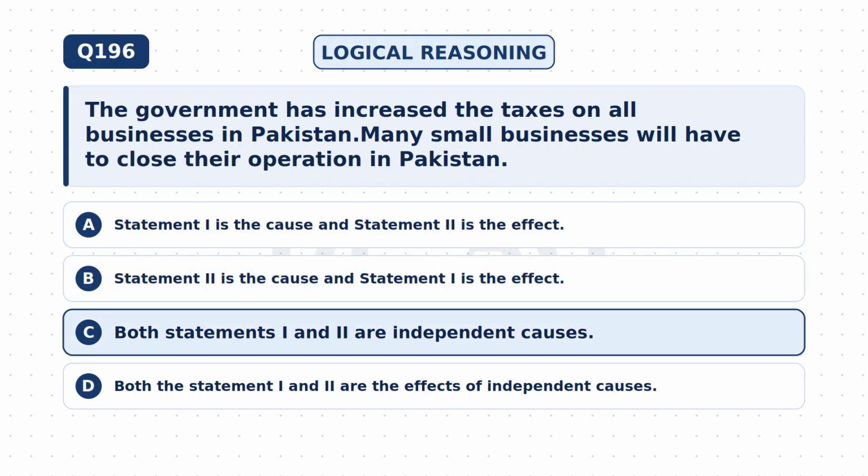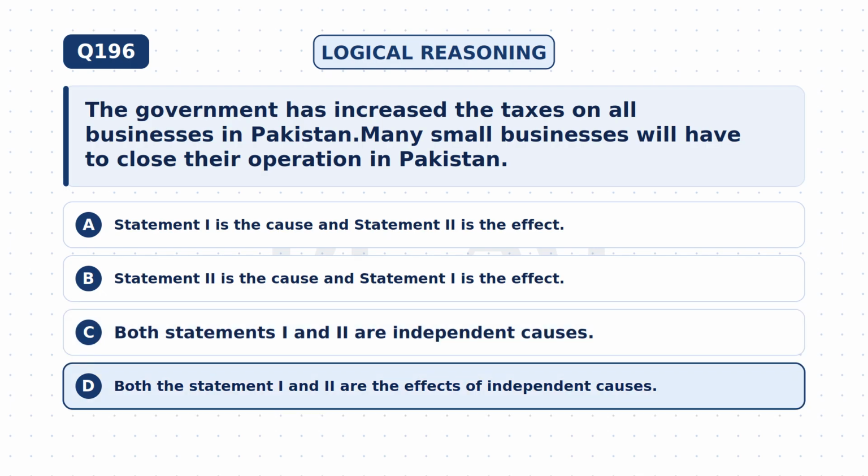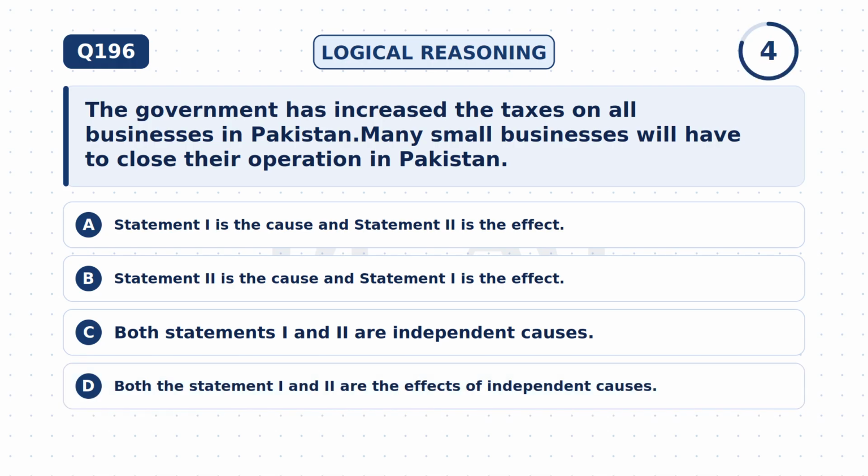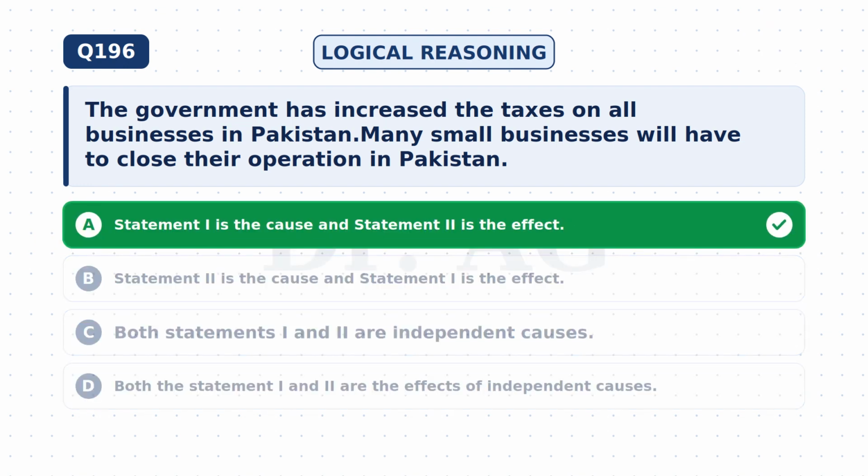Option C, both Statements 1 and 2 are independent causes. Option D, both the Statements 1 and 2 are the effects of independent causes. The correct answer is A, Statement 1 is the cause and Statement 2 is the effect.